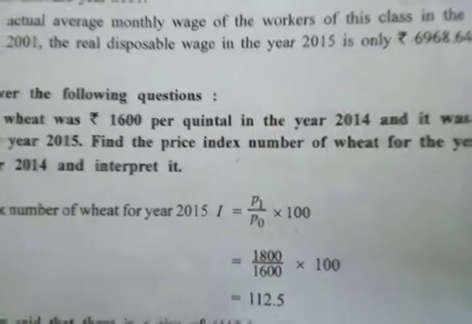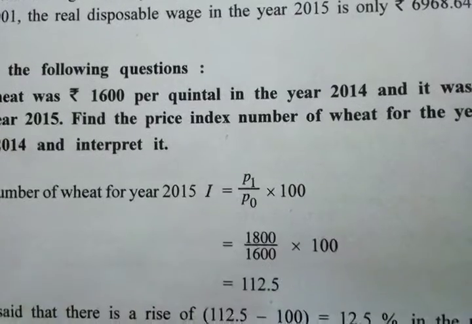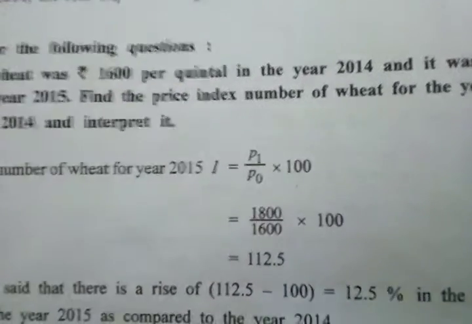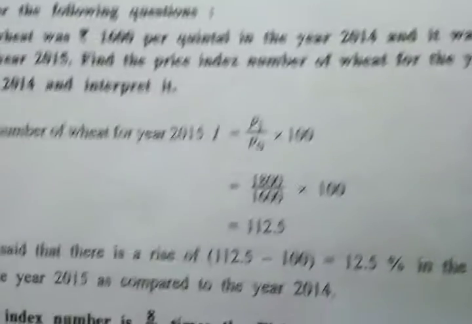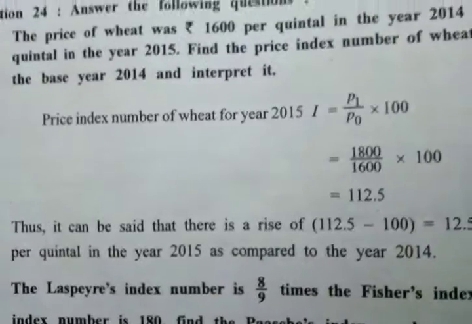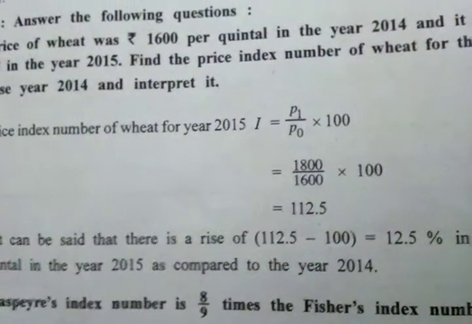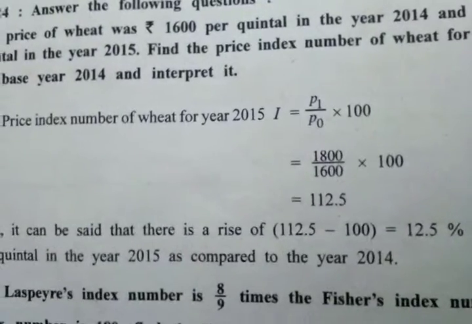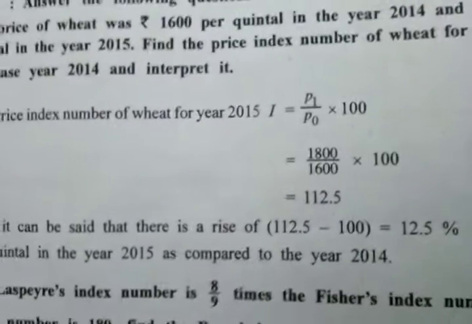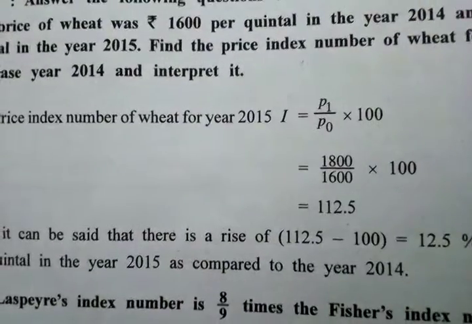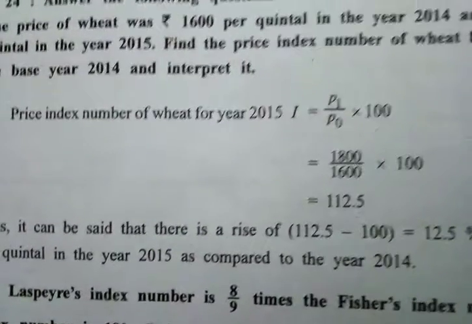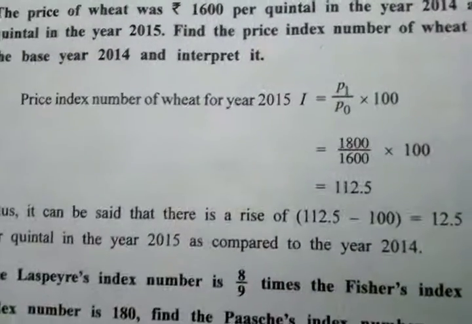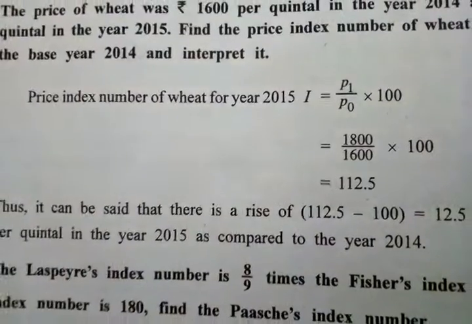P1 is 1800 divided by 1600 P0 multiplied by 100. So 112.5 is the index number, and that means 12.5% increase is there in the price of wheat in 2015 as compared to the year 2014. So interpretation is this, that 12.5% increase is there in the price of wheat in 2015 as compared to the base year.